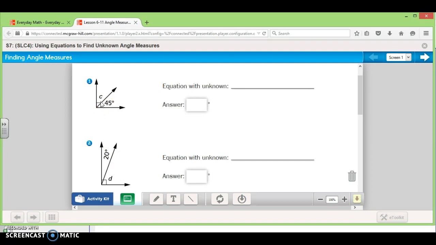Now these have to add up to 90, so these are the complementary angles.